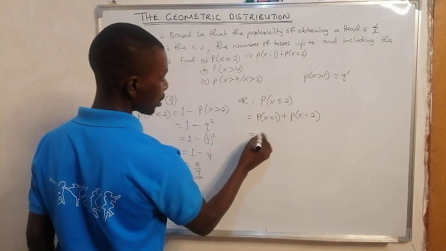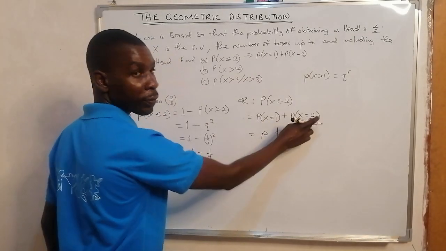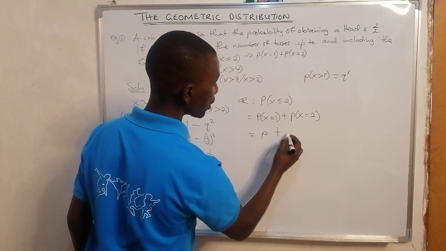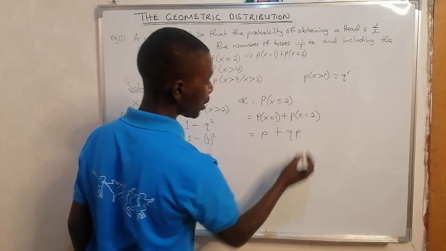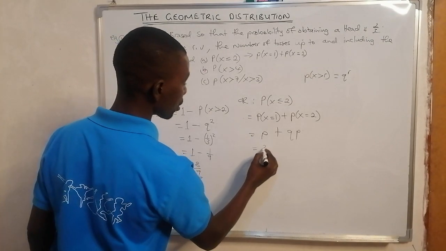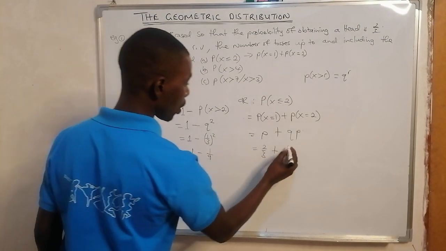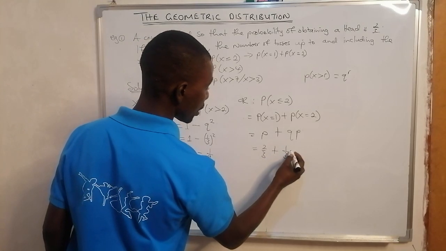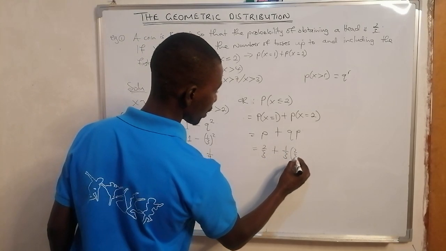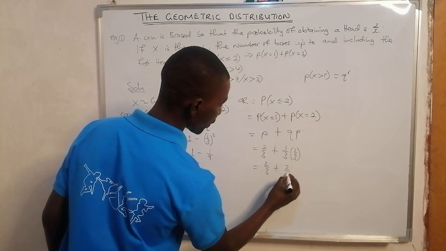Remember, P of x equals 1 is the same as p, and P of x equals 2 is the same as q times p. Our p in this case is 2 over 3 plus our q, which is 1 over 3, times p, 2 over 3, which is equal to 2 over 3 plus 2 over 9.